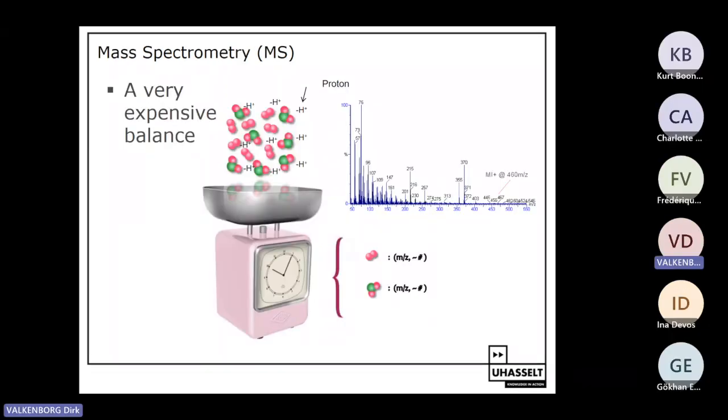Okay, welcome to this second session where I intend to give you a quite complete overview of a typical proteomics workflow. Last session, we discussed a part of the technology, and I want to continue with this and move forward to the next component in a proteomics workflow, and that's obviously the mass spectrometer. A mass spectrometer can be considered as a very expensive balance.